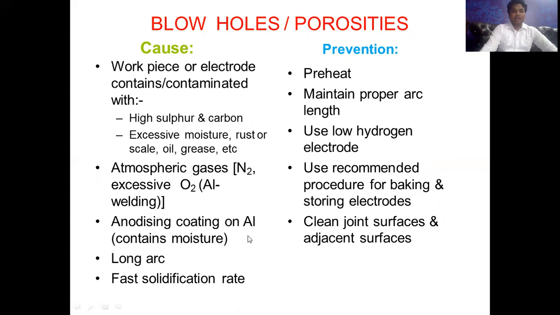Anodizing coating on aluminum contains moisture, long or fast solidification rate. These are the causes for the blowholes. To prevent these blowholes, one may opt for preheating of the metals, maintain proper arc length, use low hydrogen electrode, use recommended procedure for baking and storing electrodes, clean joint surfaces and adjoint surfaces.